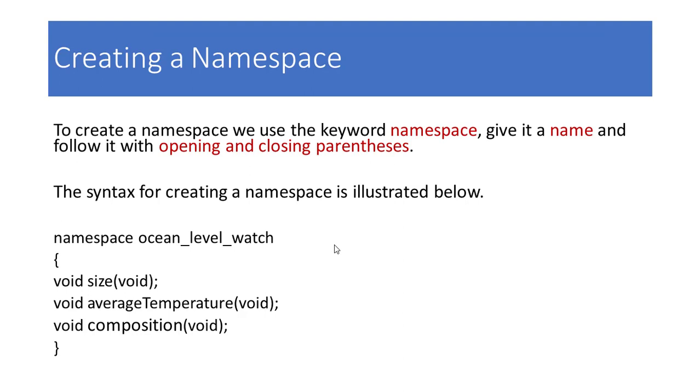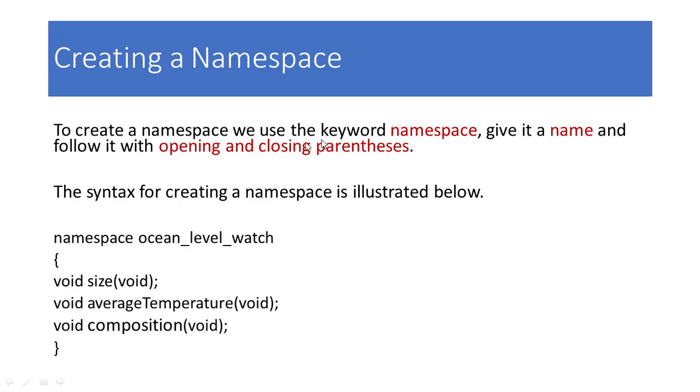Now, creating a namespace. To create a namespace in C++, we use the keyword namespace. We give it a name and we follow it with opening and closing braces. The syntax for creating a namespace is illustrated here. For example, we have a namespace called ocean_level_watch.